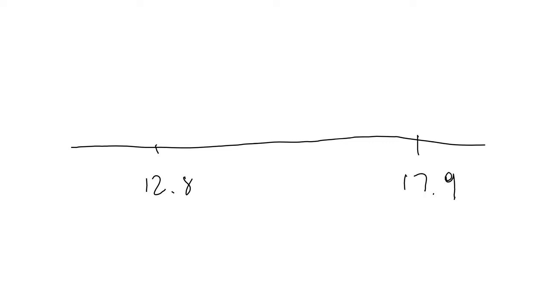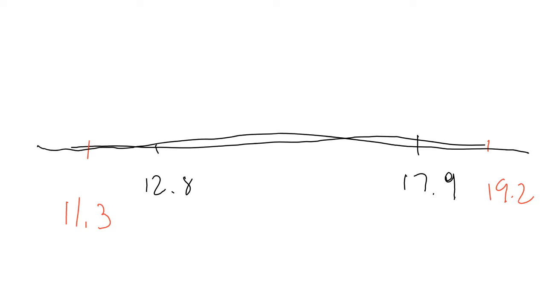And then I'll do another one where one of the numbers is 11.3 and it's going to be something like 19.2. So every one of my confidence intervals should look something like what we just drew right here.